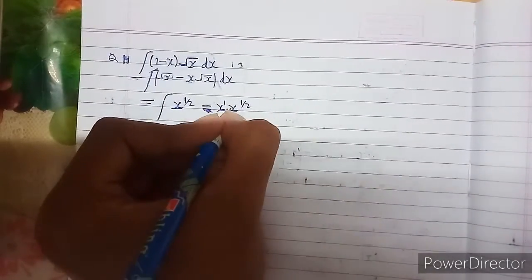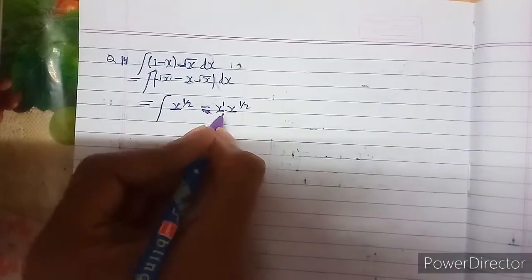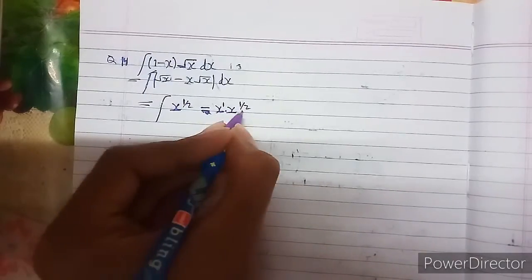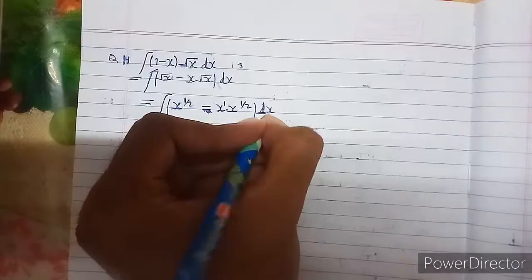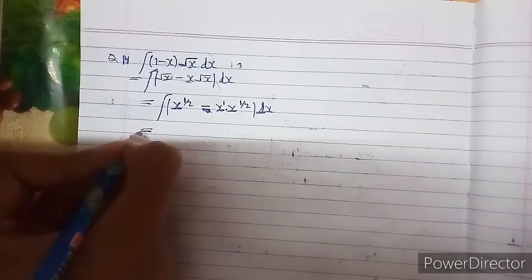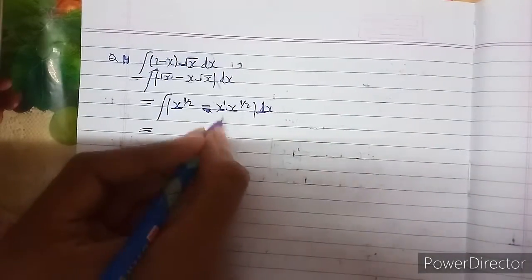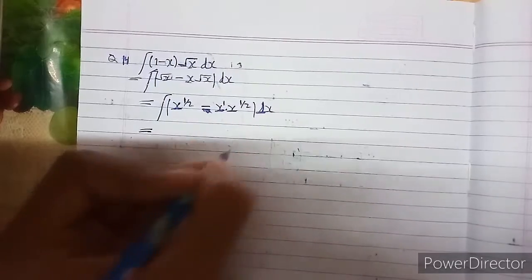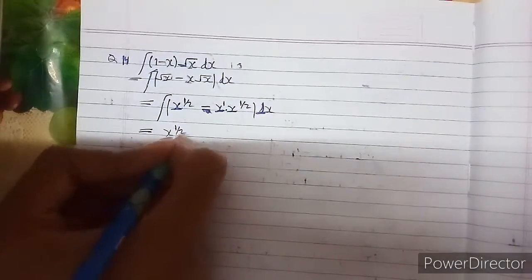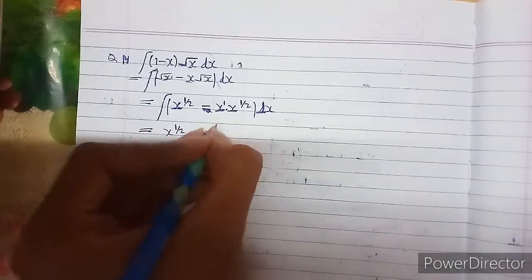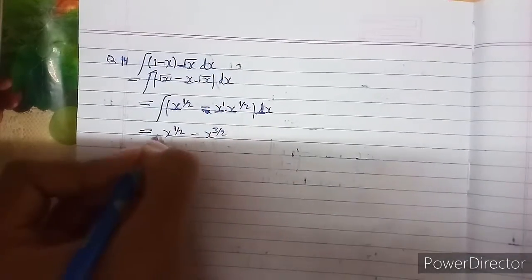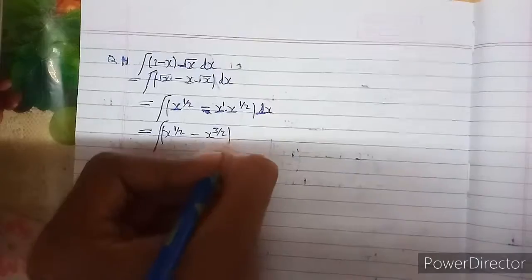Here power is 1, here power is 1 by 2, base same, powers different, powers will be added. In our previous question, powers were subtracted. Why? Because they were in division. Now they are in multiplication, so we have to add them. You will get x to the power 1 by 2 minus, when you add 1 plus 1 by 2, you will get x to the power 3 by 2. They are in integration only.